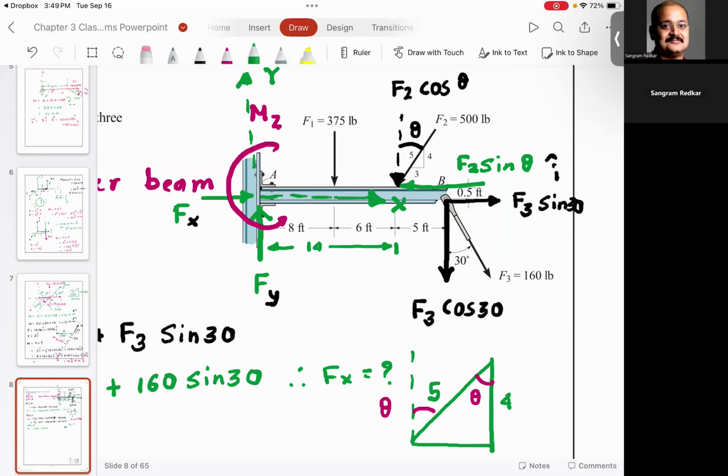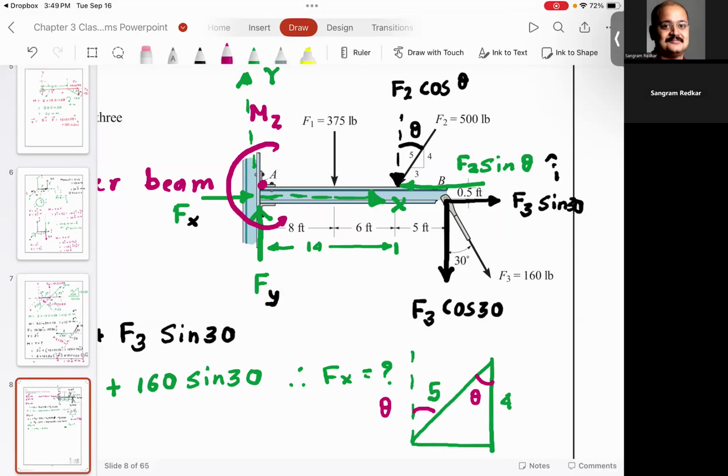I want you to think about it for a second. We are trying to find out the moment about this point. Do you see that point A is in the same line as F2 sine theta? So F2 sine theta, the horizontal force, is not going to give you any moment.